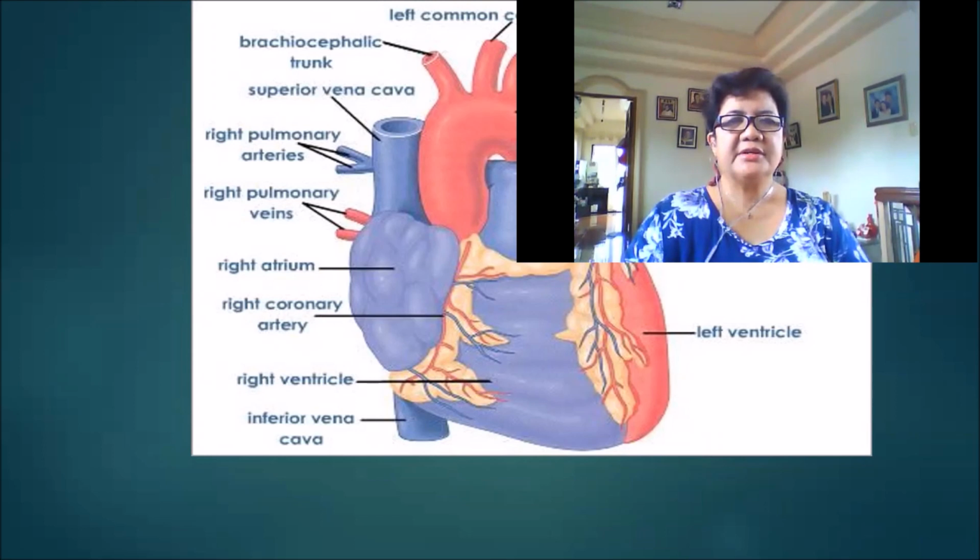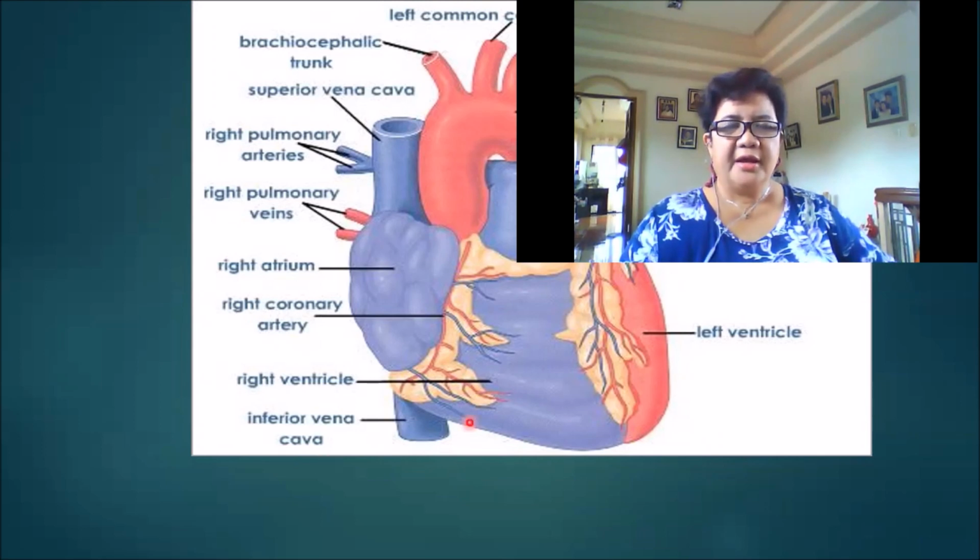So this is the external portion of the heart. You have here the right ventricle, the left ventricle, the left atrium, and the right atrium. Then you have here the superior and inferior vena cava and the pulmonary trunk, and also your aorta.